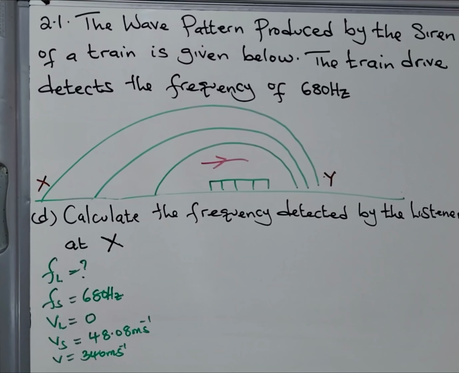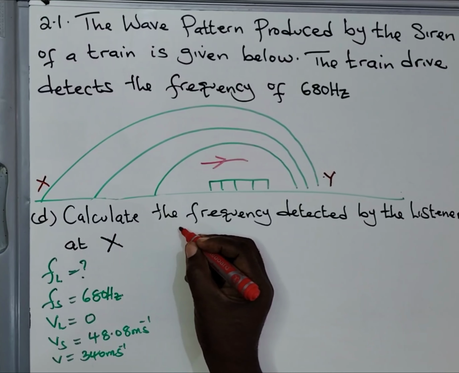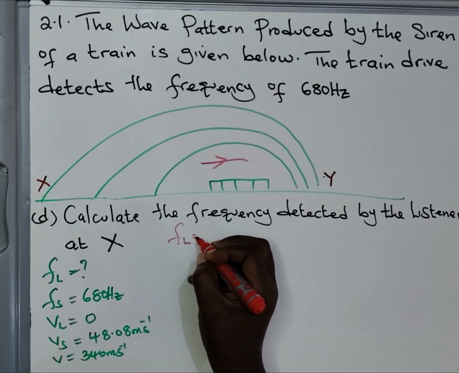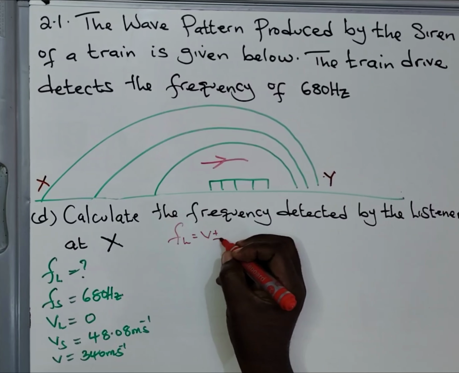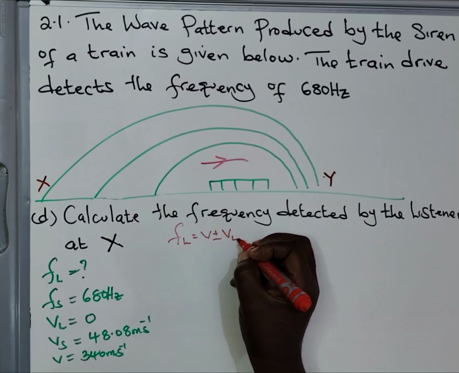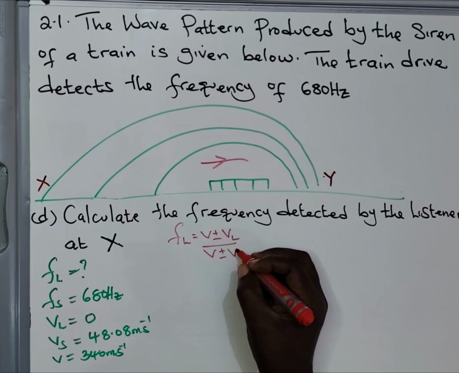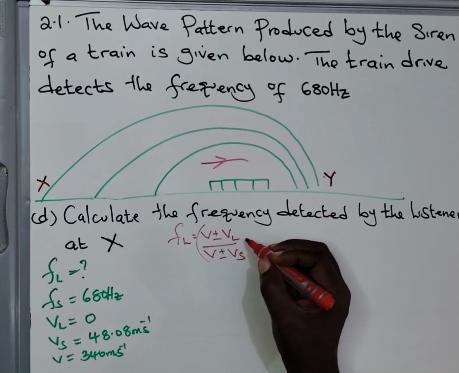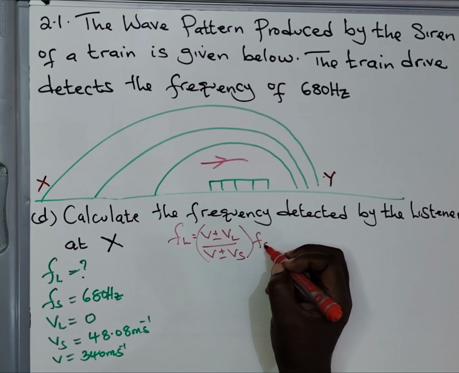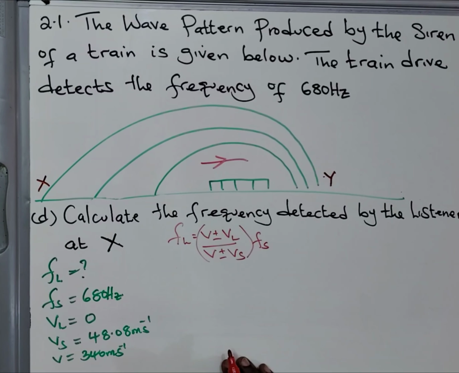So with this information, what do we do? We quote the formula. It says that FL is equal to V plus or minus VL over V plus or minus Vs, all this one into the frequency of the source.